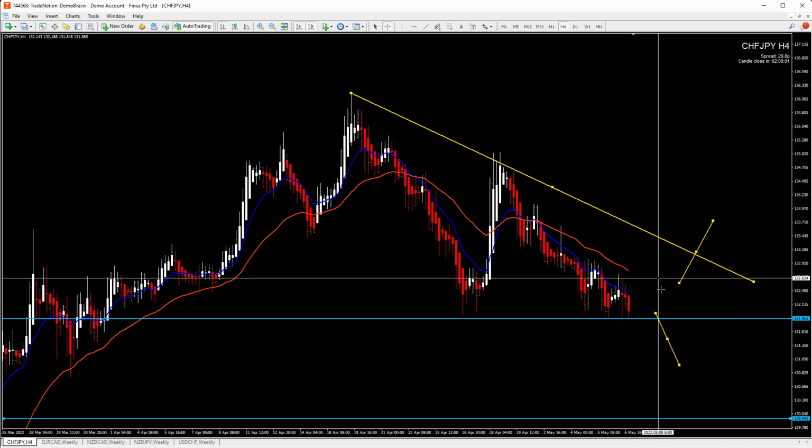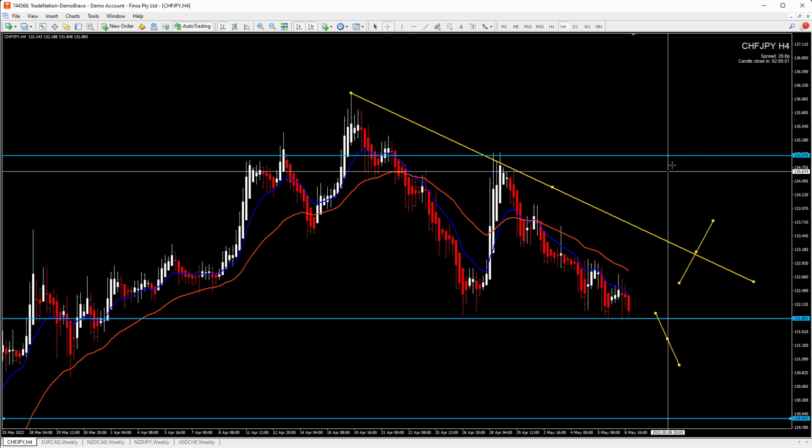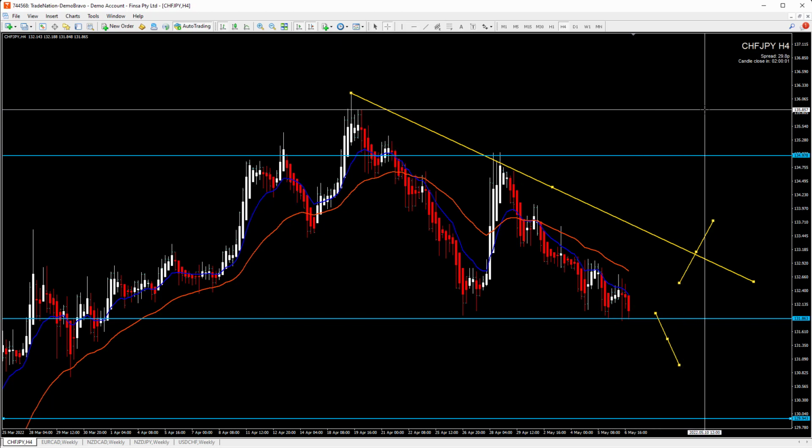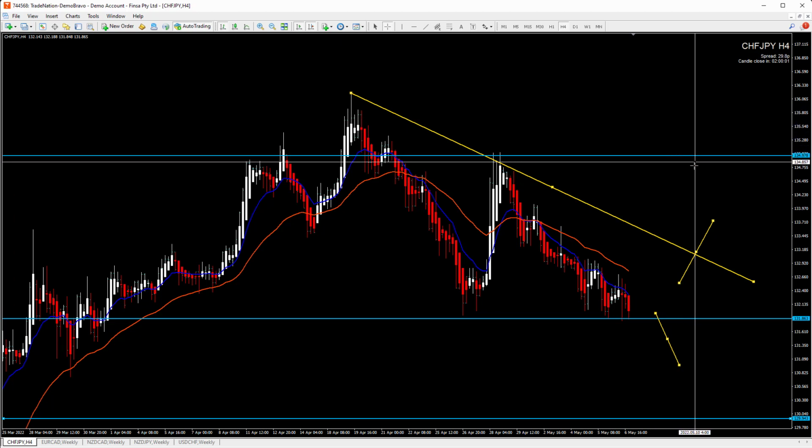If we also have a breakout of this trend line, keep in mind this level. This is where price might go, not exactly to the highest point. Of course our goal is the highest point, but we also have strong resistance here, so we can also benefit from possible bounce scenarios here.